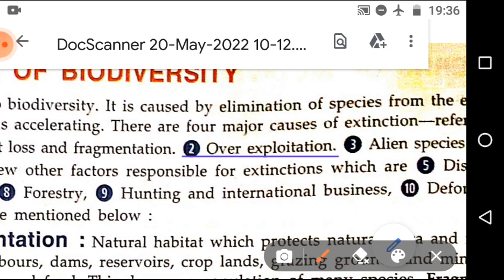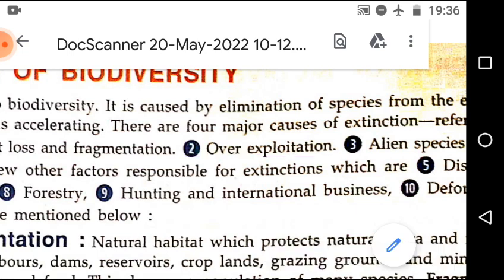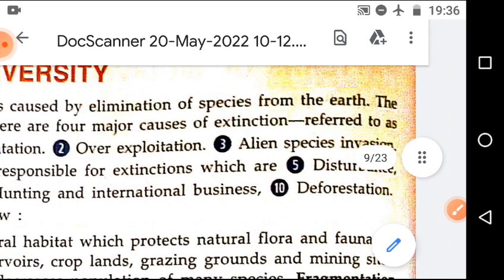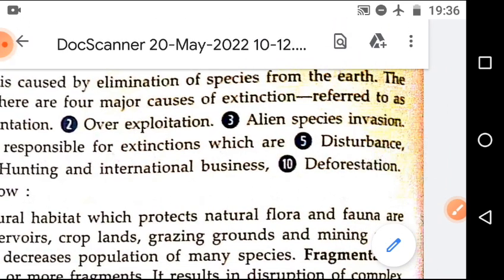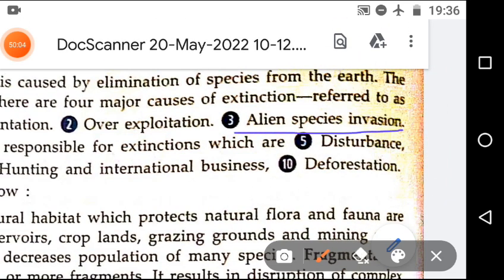Okay, the third cause of biodiversity loss is alien species invasion. Some unknown species, due to the weakness of the ecosystem, due to the absence of keystone species in that particular ecosystem, or due to extinction of some of the species, come into that place and occupy that region. That is called alien species invasion.